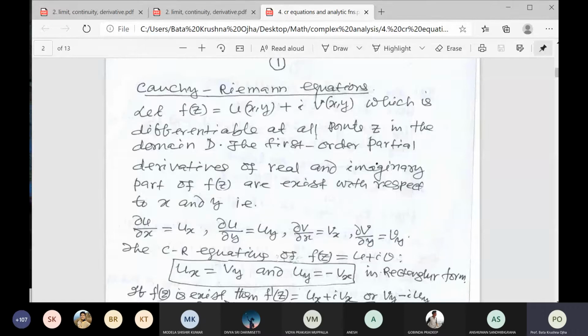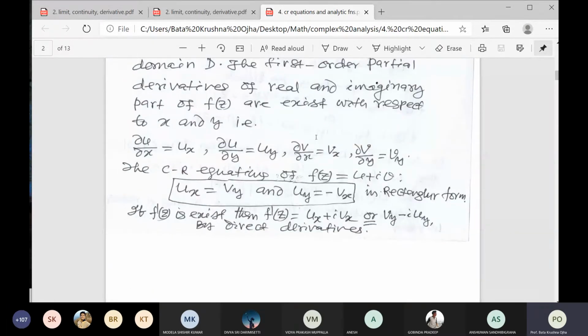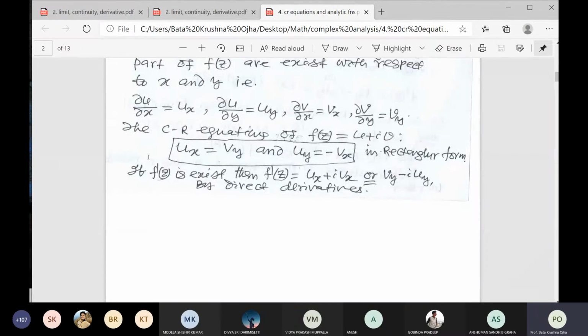The Cauchy-Riemann equations for f(z) equal to u plus iv are u_x equal to v_y, and u_y equal to minus v_x. That is the CR equation of the function f(z) with respect to rectangular coordinates. This is the rectangular form.